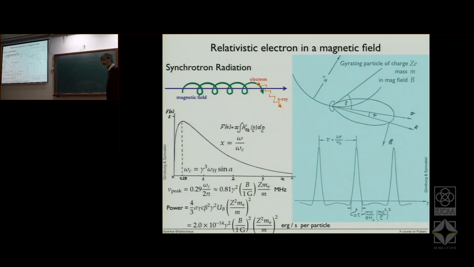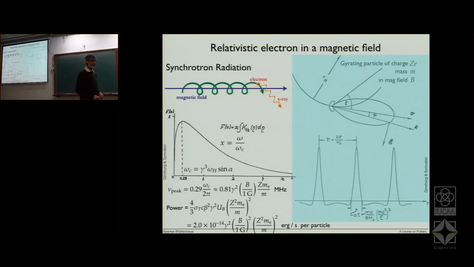Okay? So when we say that the gyration frequency is eB over gamma mc, now if you take a car and drive at high speed, that is not going to change. That number will still be the same, because that gamma is referred to the observer who is not you, but the observer at rest with respect to the magnetic field.